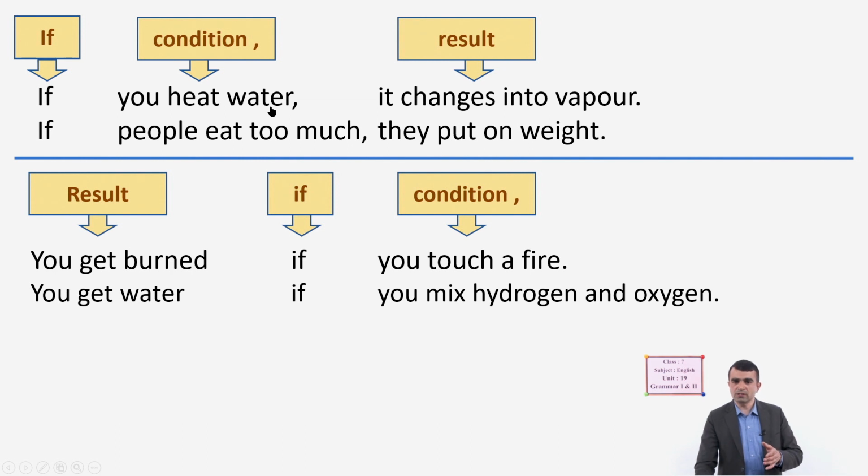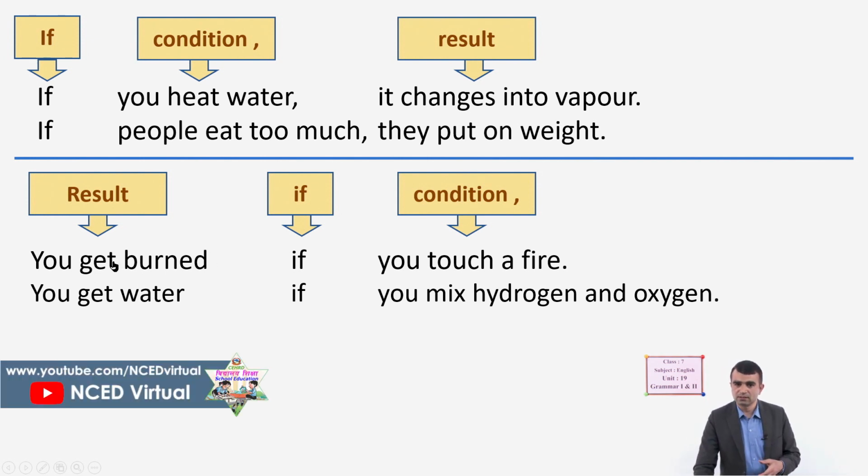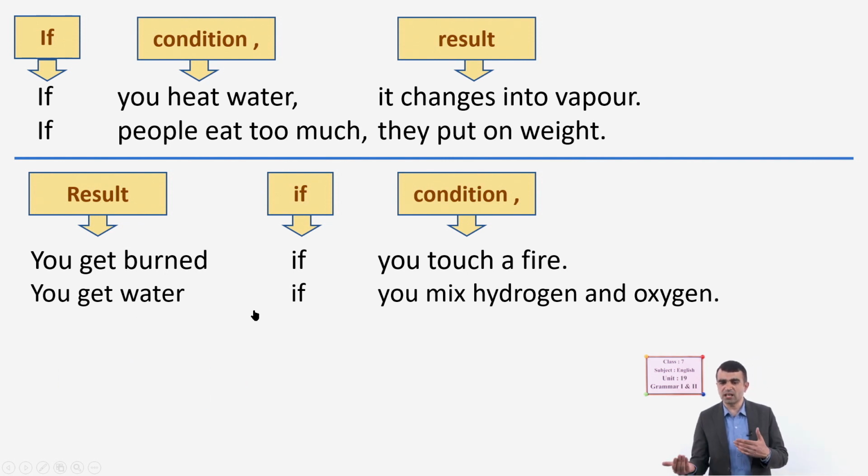If you heat water, it changes into vapor. Next, if people eat too much, they put on weight. That way it is used. Now next, you get burned if you touch a fire. So here the result comes first. Is it? And you get water if you mix hydrogen and oxygen.